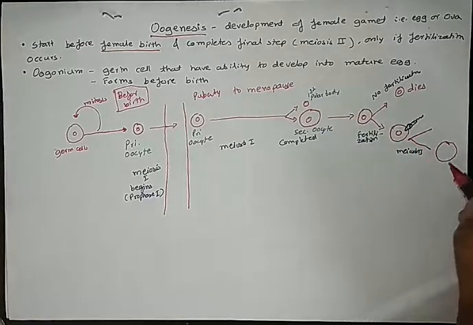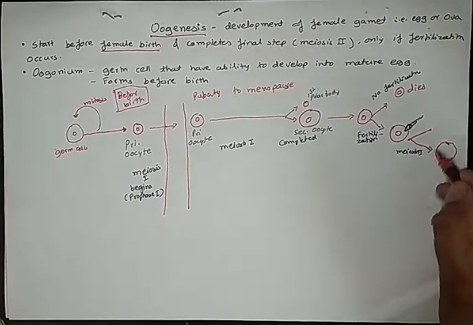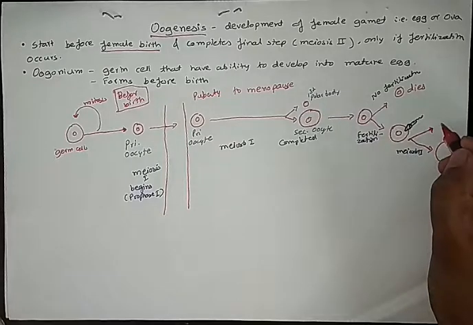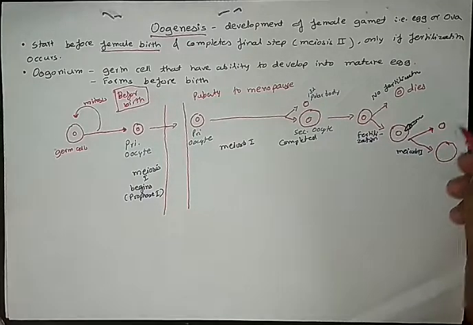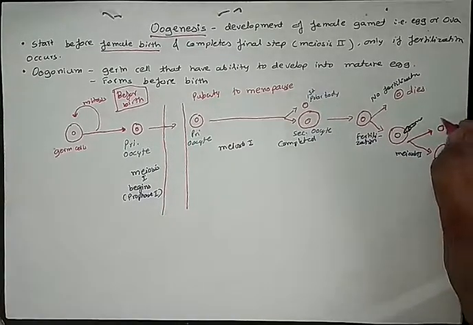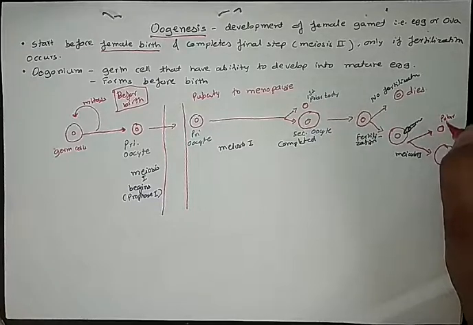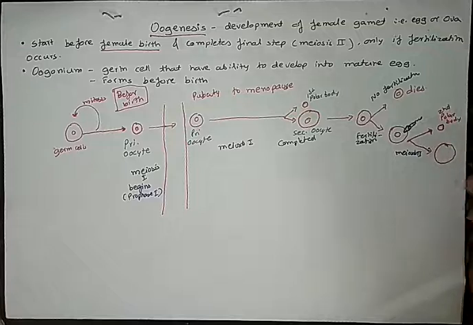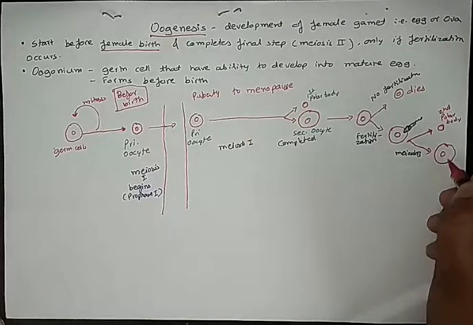Now at this point, there is a formation of one polar body. This is a polar body. This is the second polar body, and this is a zygote.